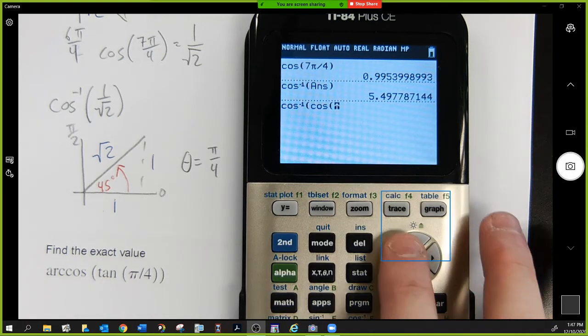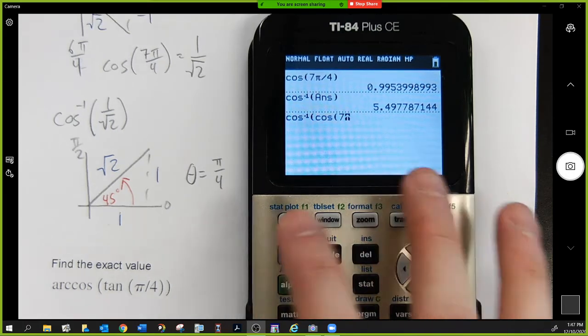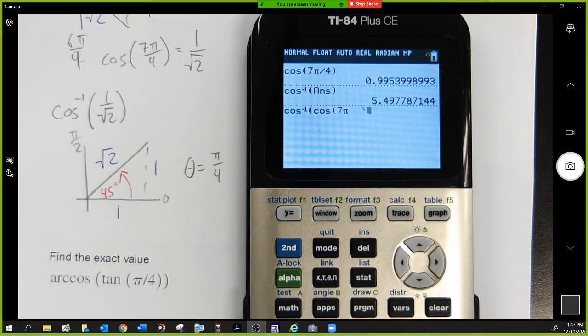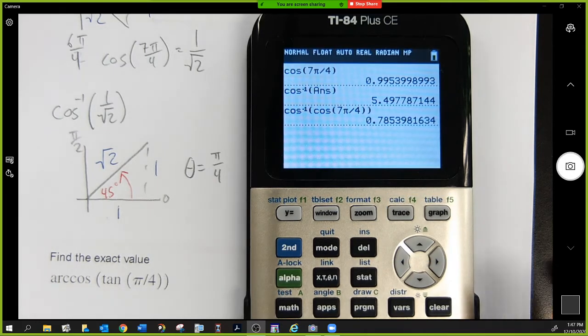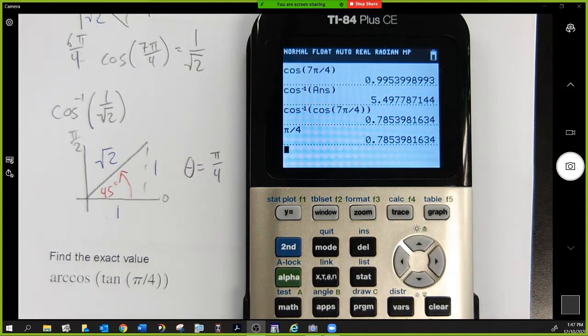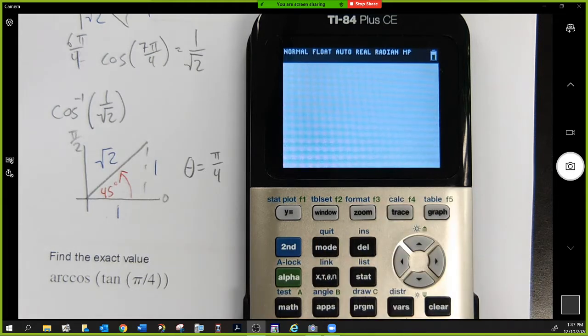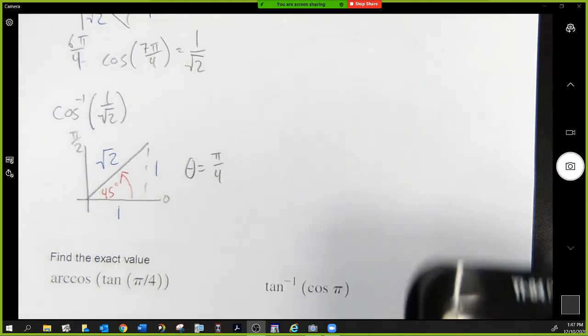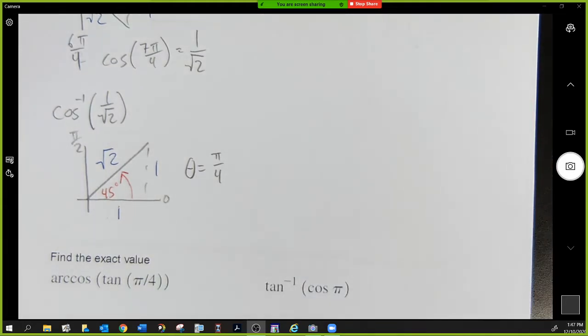But the answer in first period was radian, that's why. That's pi over 4, so it's right in radian. Honestly, when I did this in first period, it told me 45 degrees. When I have something that's degrees, I use degrees, and when I have something that's radians, I use radians.